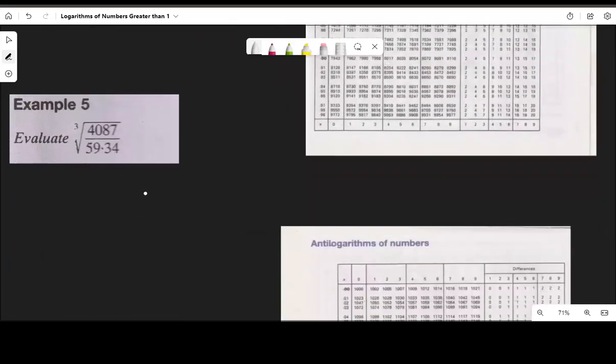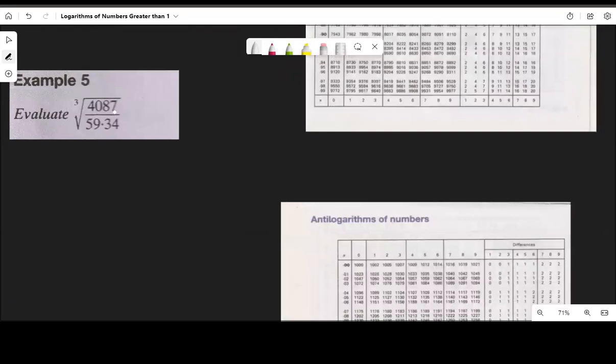Finally, we have the cube root of 4087 over 59.34. The number log. The first number there is 4087. The characteristic will be 3.